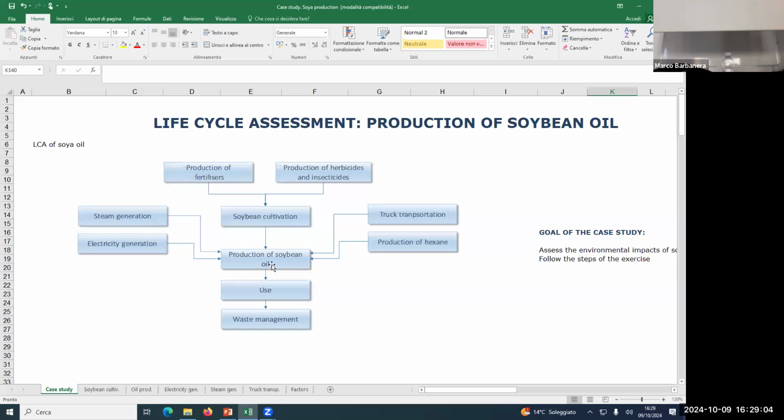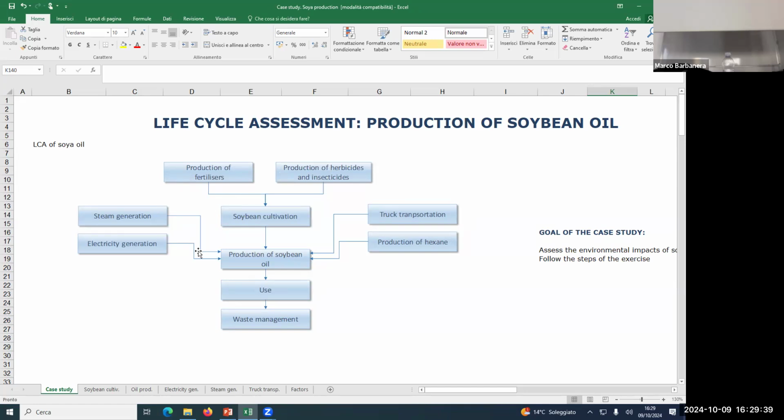In particular, in this flow diagram, you can see that for the production of soybean oil, you have some additional unit processes: the steam generation useful for the production of soybean oil, the generation of electricity, truck transportation of soybean from the field to the company, and the production of hexane useful for the production of soybean oil.